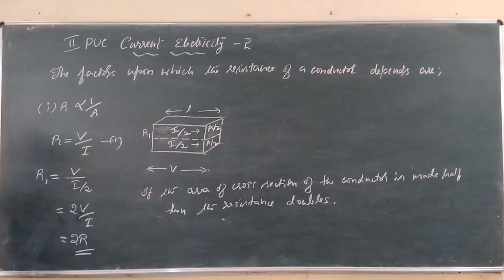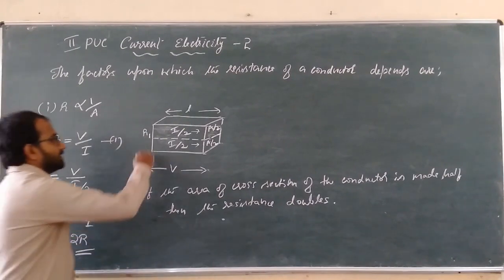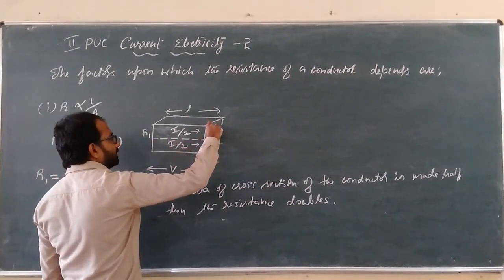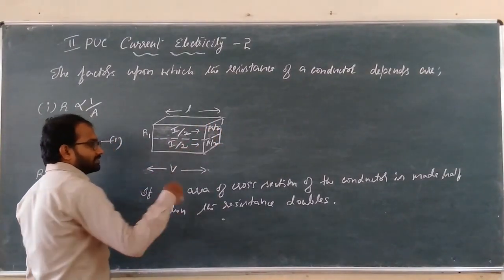If the area of cross section of the conductor is made half, then resistance doubles. Okay, right? When it is halved, area of cross section is becoming now A by 2, so resistance gets doubled.